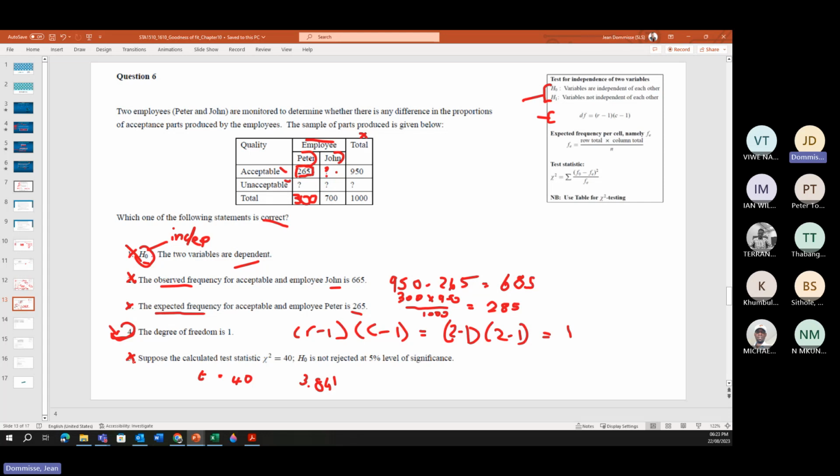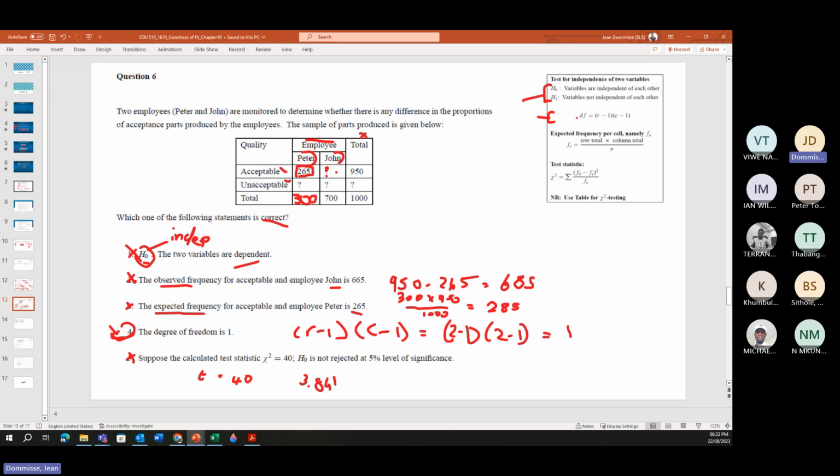So again, this one was wrong, so we would actually reject it, and here they say H0 is not rejected. Okay, so again, we looked at dependent or independent.